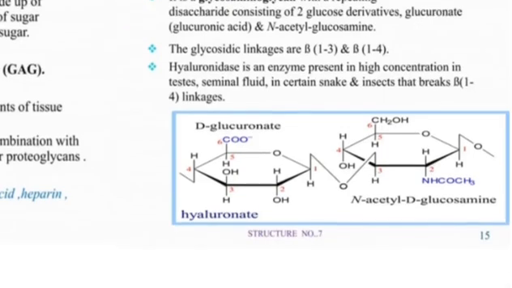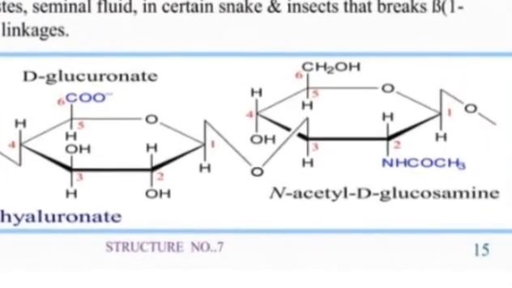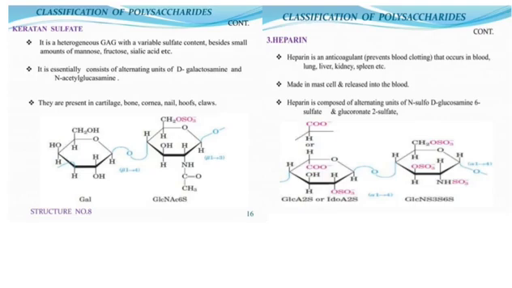So this is the structure of hyaluronate. Look at the two monosaccharides, D-glucuronate and N-acetylglucosamine. Look at the glycosidic bond: it is between carbon 3 of N-acetylglucosamine and carbon 1 of glucuronic acid.